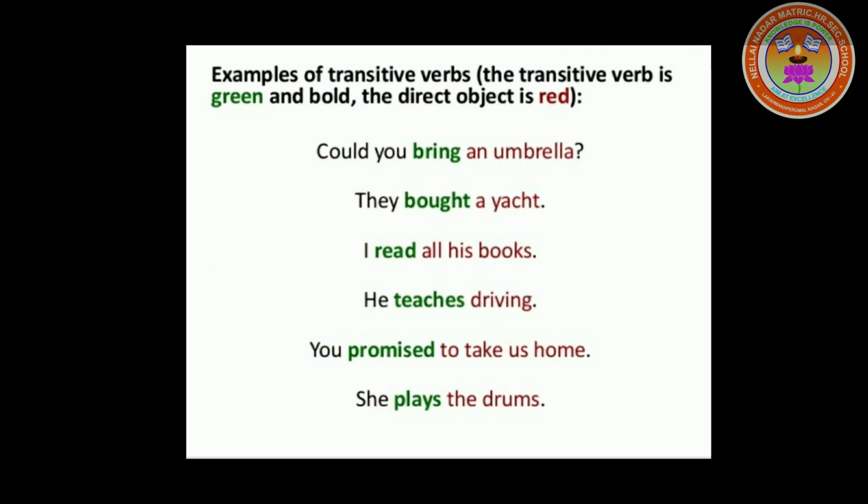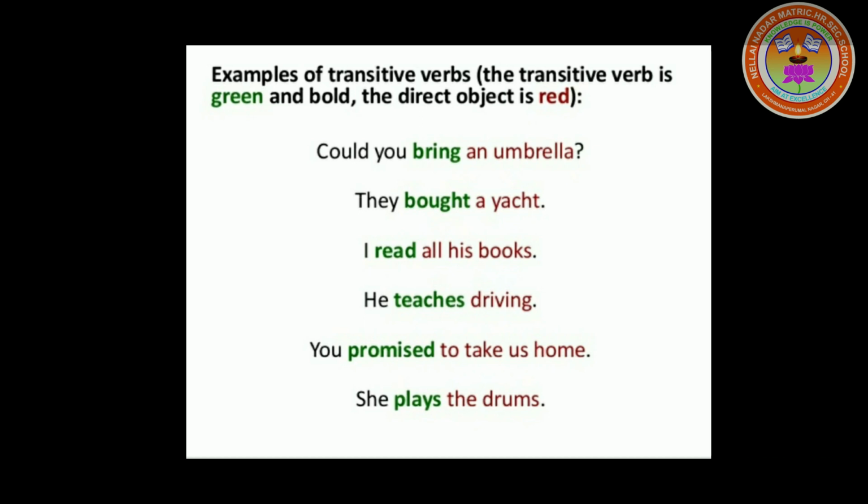Examples of transitive verbs. The transitive verb is green and bold. The direct object is red. So all the sentences given below are transitive. Could you bring an umbrella? They bought a yacht. I read all these books.